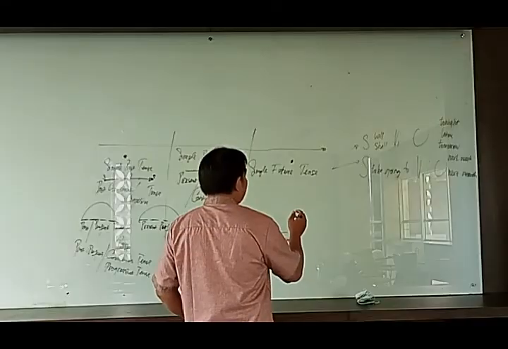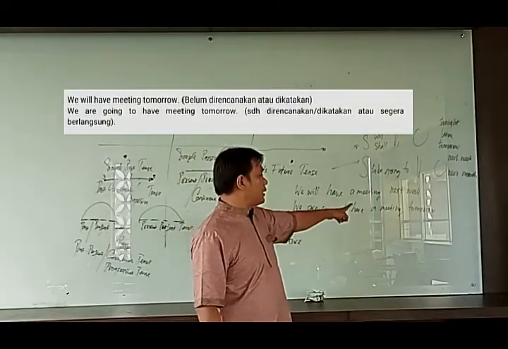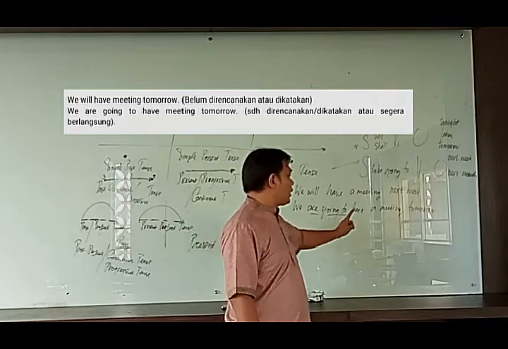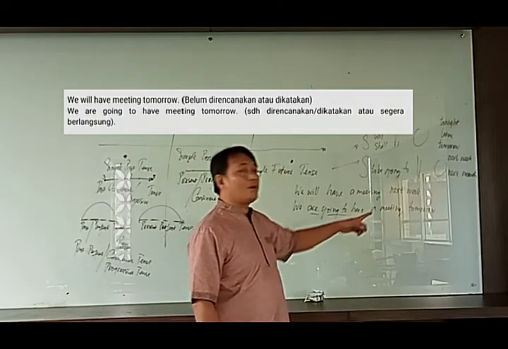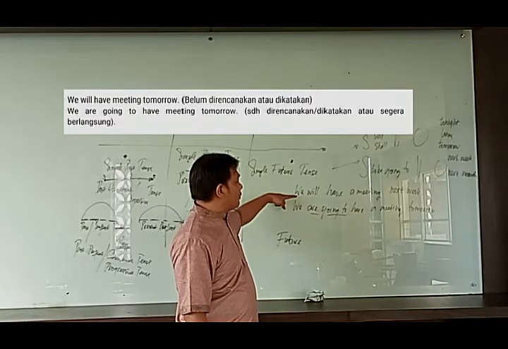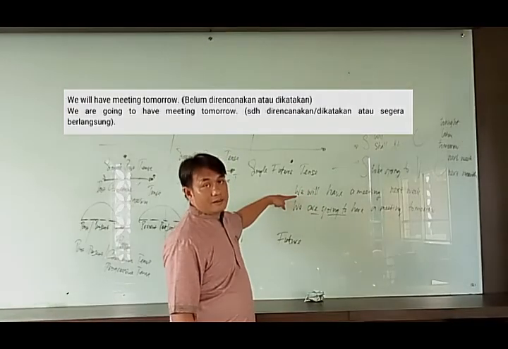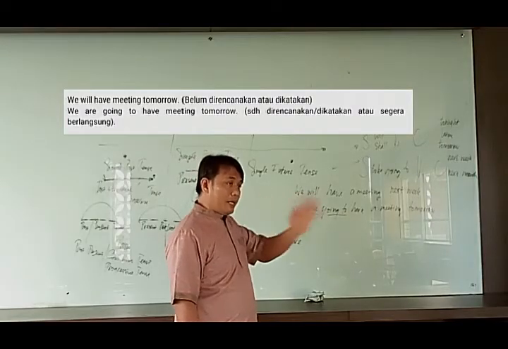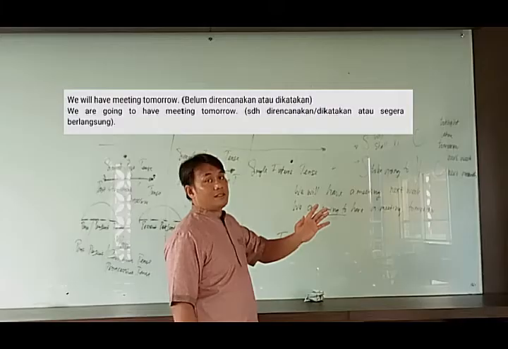For example, we will have a meeting next week. We are going to have a meeting tomorrow. It means that this one is still a planning. A planning means that we plan for a meeting next week.